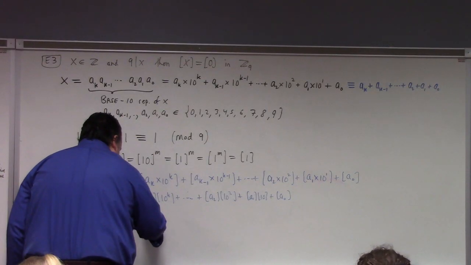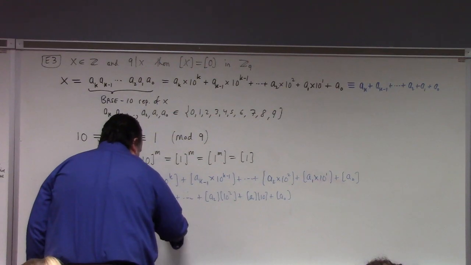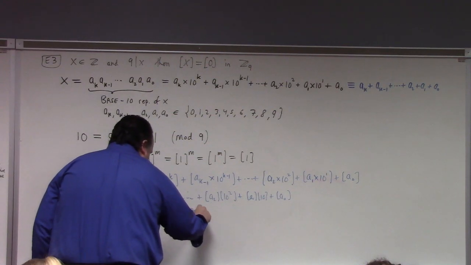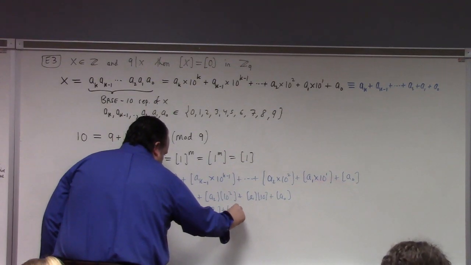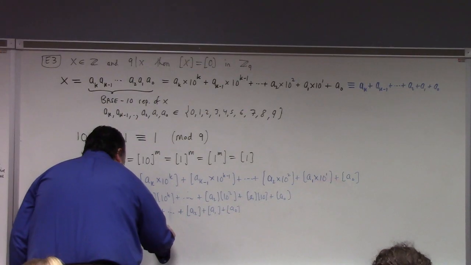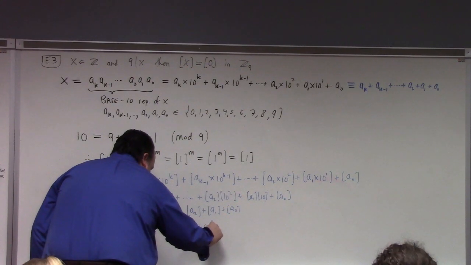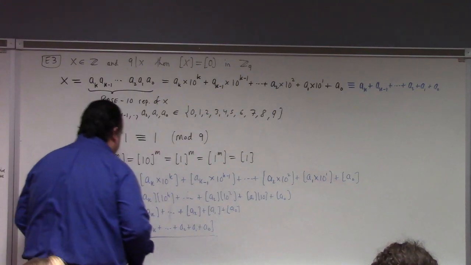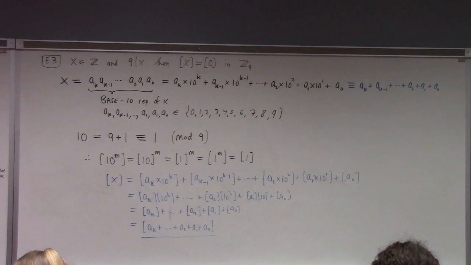So I just get A_0 plus A_1 plus up to A_k, the sum of the digits modulo 9. And that's the rule of 9's. So if the sum of the digits is congruent to 0 mod 9, it means the number is divisible by 9.